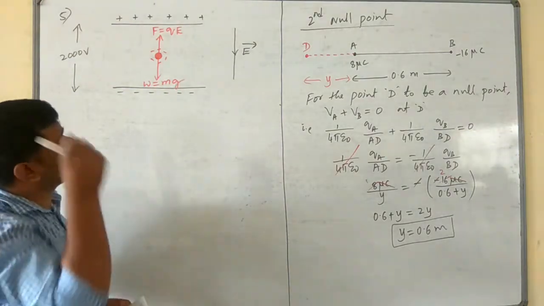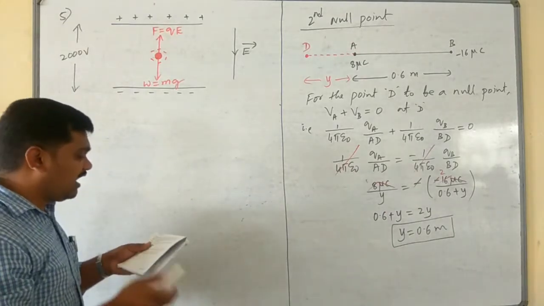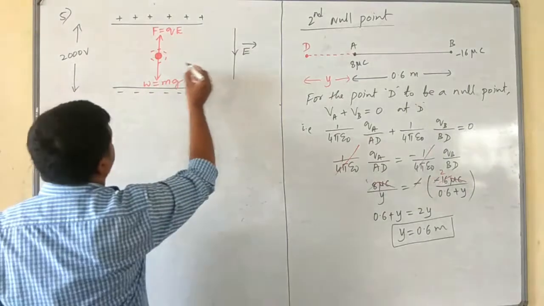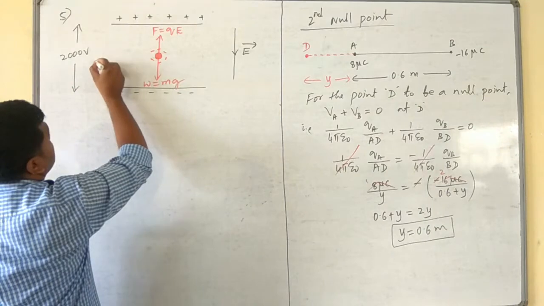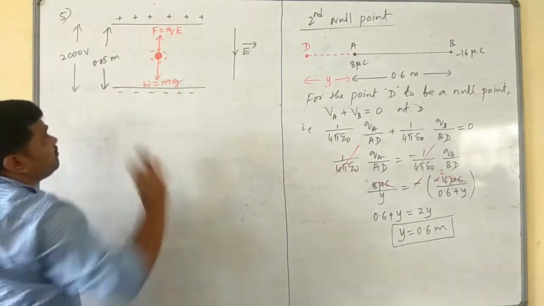Okay, the value of electric field is not given. Instead, the potential difference is given and the separation distance between the two plates is given, 0.05 meter. This is 0.05 meter separation distance.